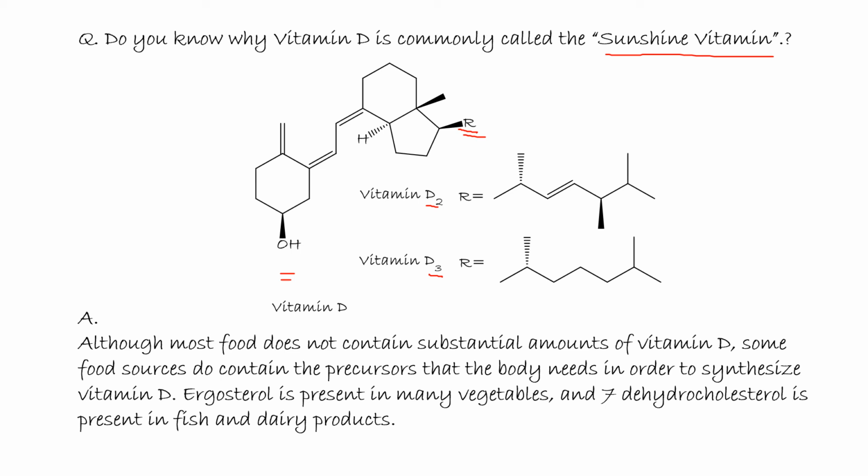So why do we call this the sunshine vitamin? Although most foods do not contain a substantial amount of vitamin D, some food sources do contain the precursors that the body needs in order to synthesize vitamin D. Ergosterol is present in many vegetables, and 7-dehydrocholesterol is present in fish and dairy products.